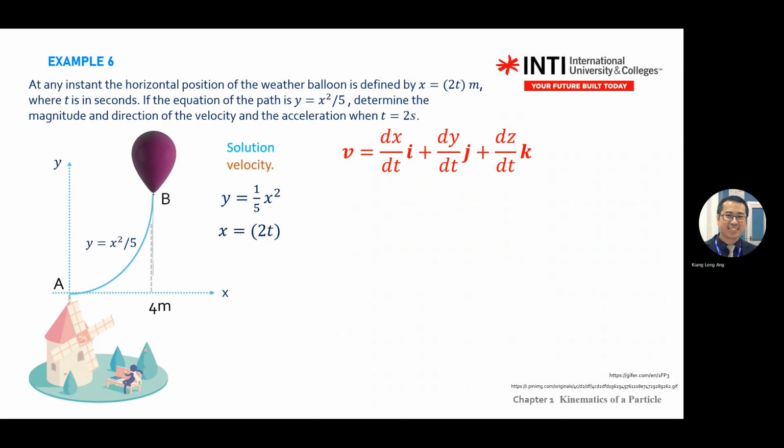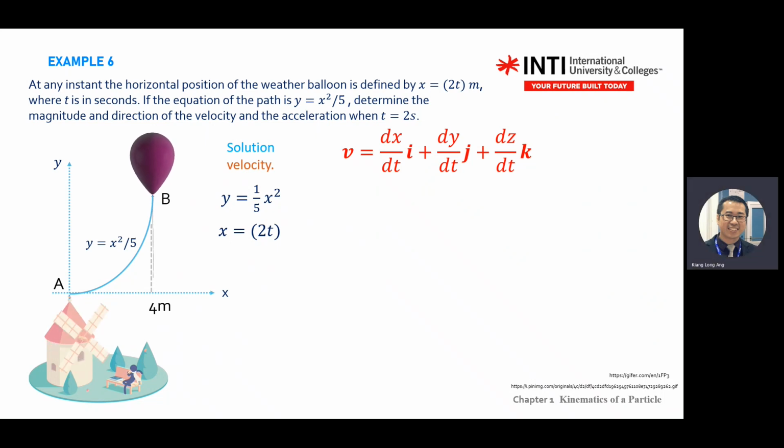Okay. Now let's do a revision of your differentiation. If you do dx/dt, what do you get? Patrick, what do you get? 2. Okay. Then this one, Patrick? 0.